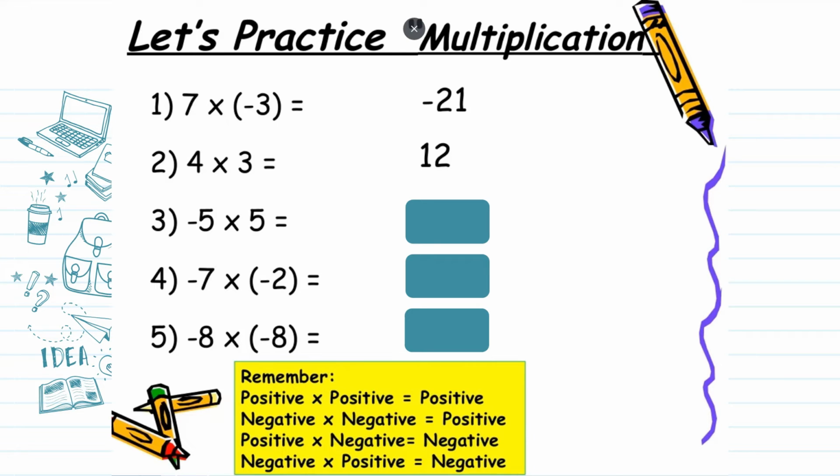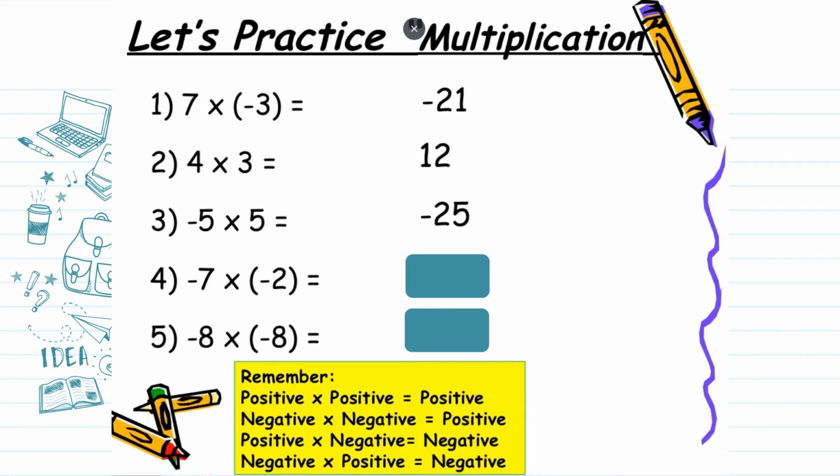Another example is negative 5 times positive 5. 5 times 5 is 25. And since we have one negative and another is positive, therefore they have different signs, their answer will be negative 25.